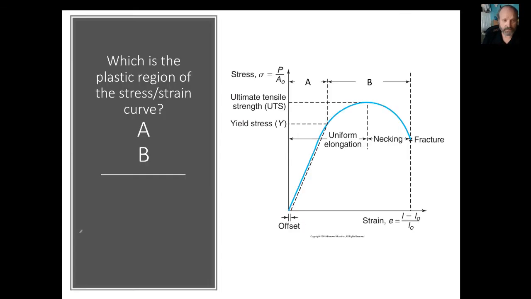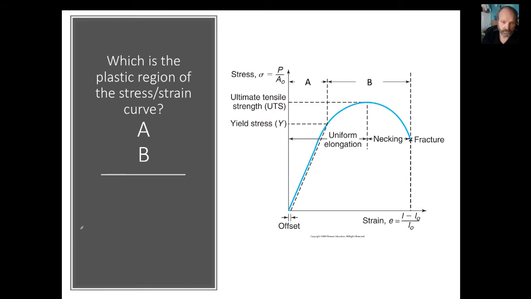All right, next slide. This is kind of a summary from the last lecture. As we're pulling on this system, we're in an elastic region, and then we start to go to a plastic region. So think about which is the elastic and which is the plastic region.